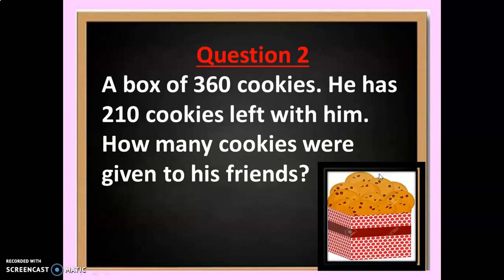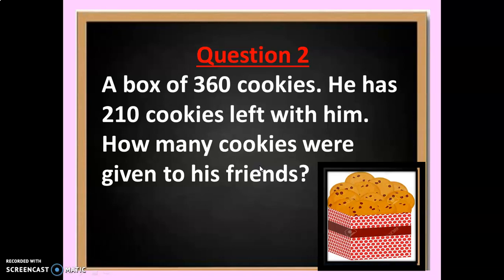Please listen very carefully. It's very easy and you have to listen carefully only. A box of 360 cookies. He has 210 cookies left with him. It means someone had taken some cookies. How many cookies were given to his friends? Now we have to see what we have to find.